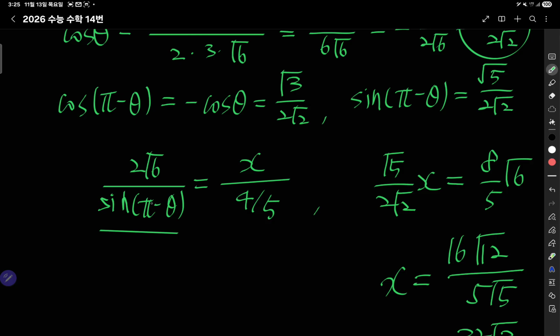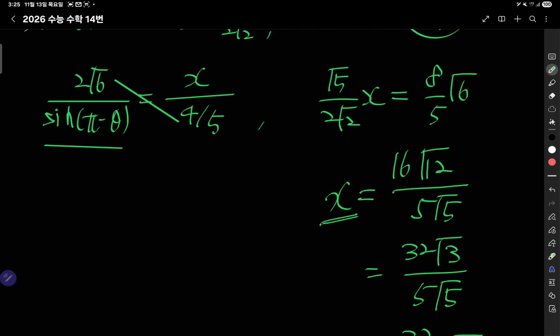So make the cross product. The sine of pi minus theta value is square root of 5 over 2 times square root of 2, so times x is equal to the product of this, the 8 square root of 6 over 5.